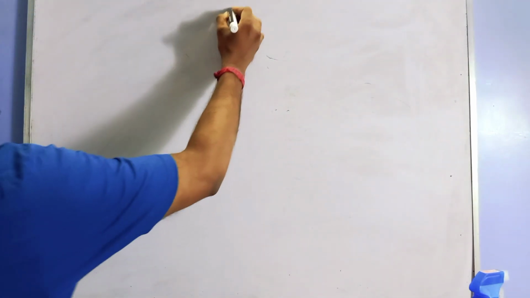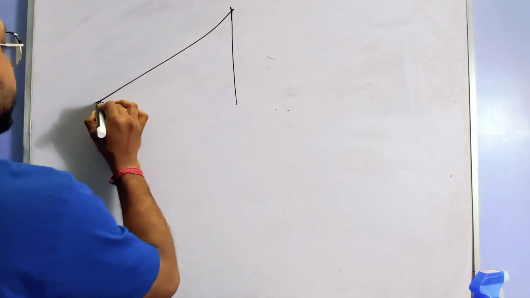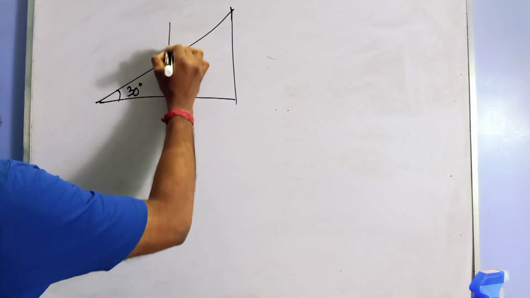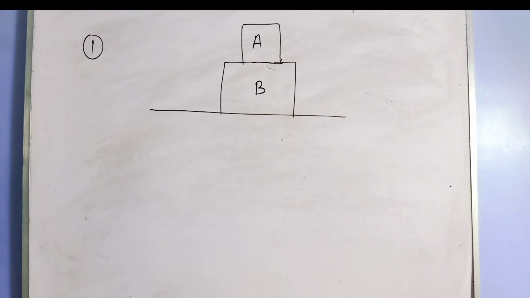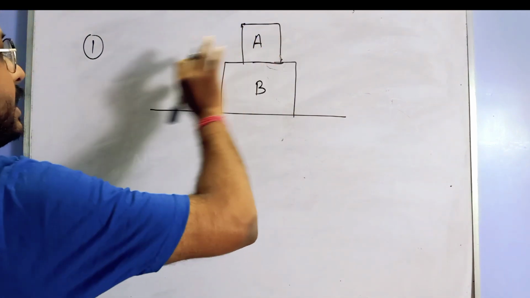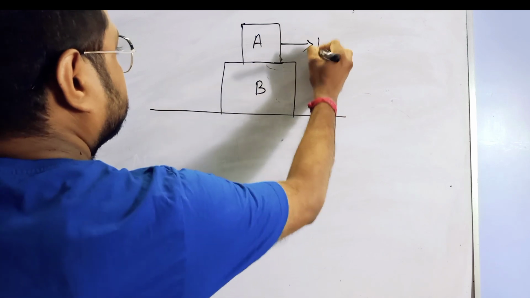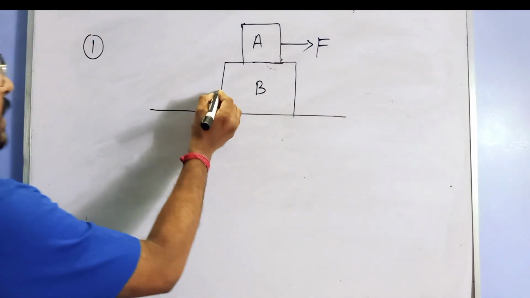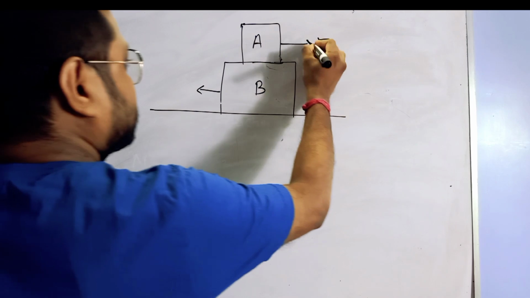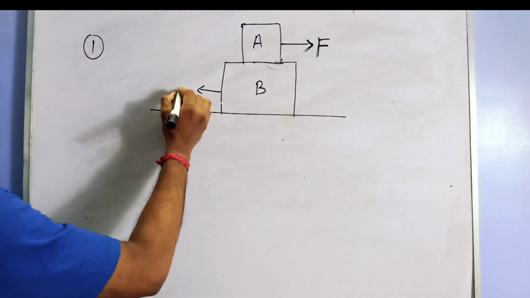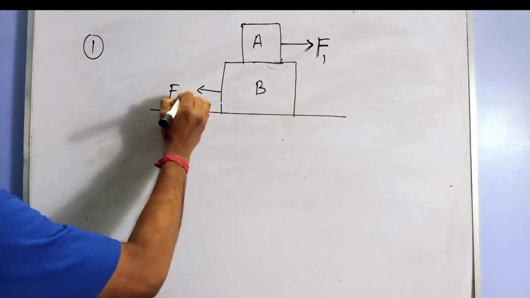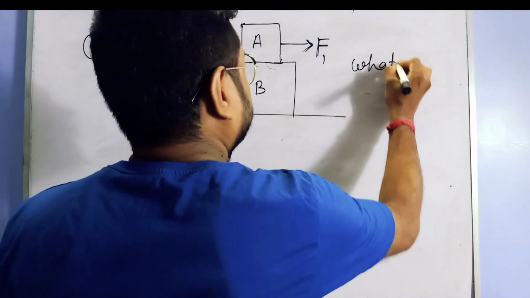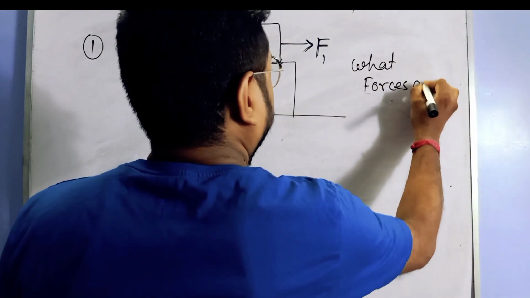Suppose in an inclined plane at 30 degrees with the horizontal, a block is placed on an inclined plane B, and block A is moved towards F, and block B is moved towards the right with a force F1, and block B is moved towards the left with a force F2. What forces are present here?